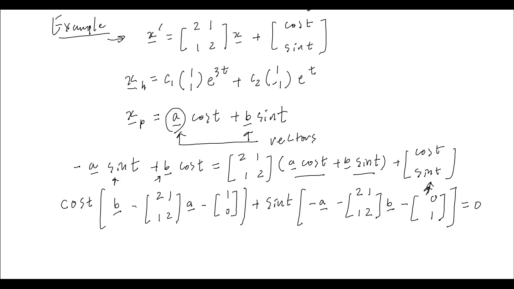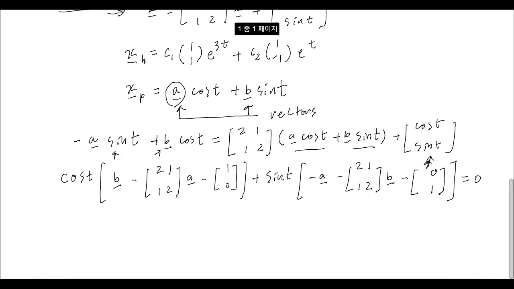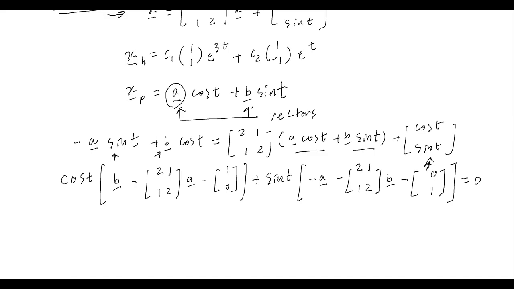And if we write this in component form, from this we get B1 minus 2A1 minus A2 minus 1 is 0, and B2 minus A1 minus 2A2 is 0.